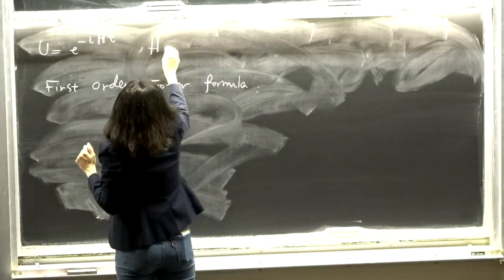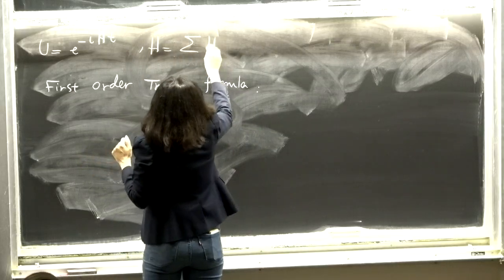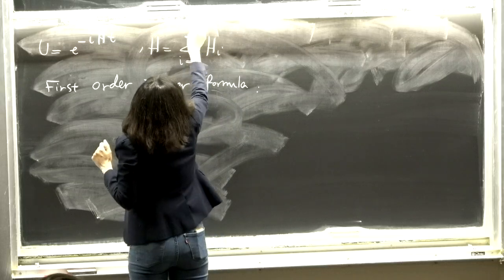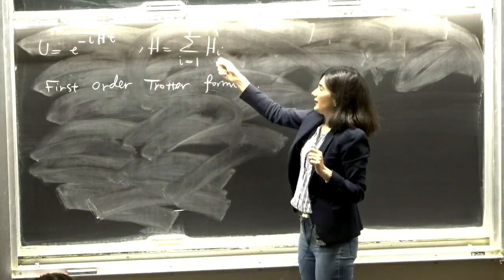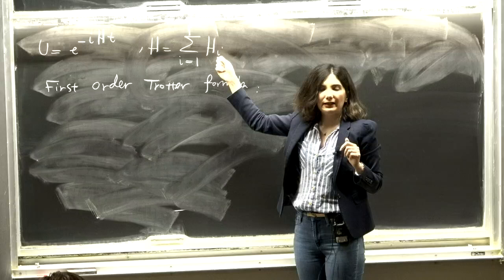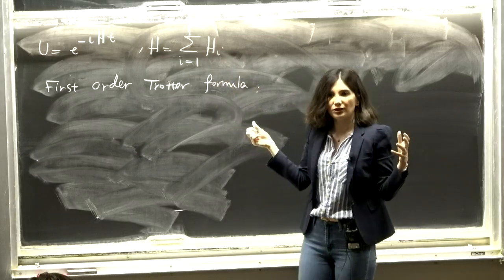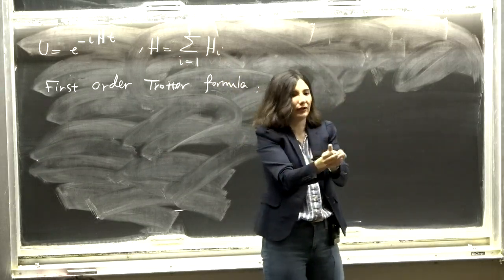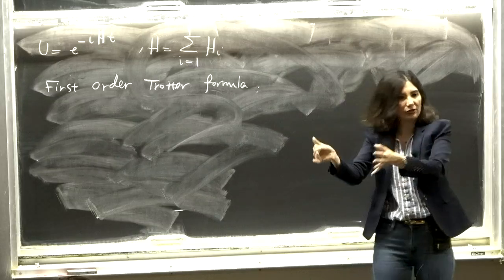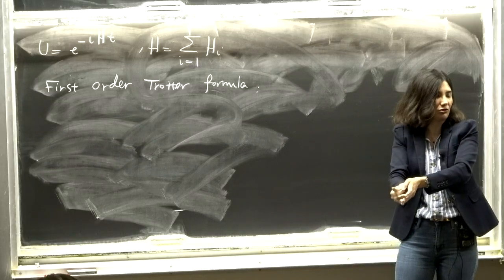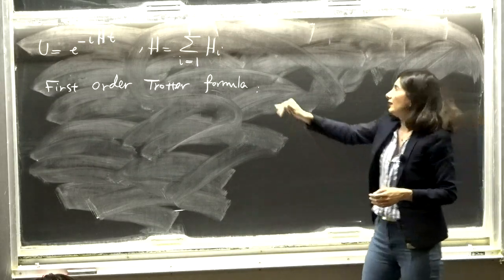If your H can be written as a sum over H_i, i from 1 to gamma, where this is not necessarily the index of your lattice sites or anything, it could just be a collection of terms that you call H1, another collection of terms you call H2, another collection H3. That's that decomposition.